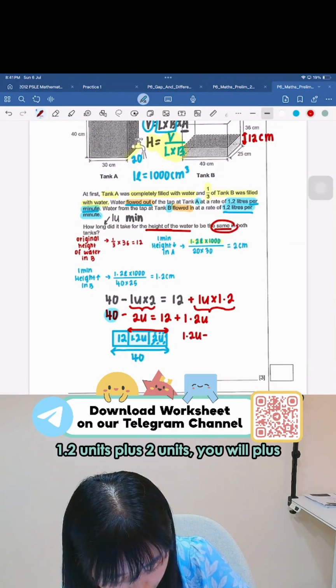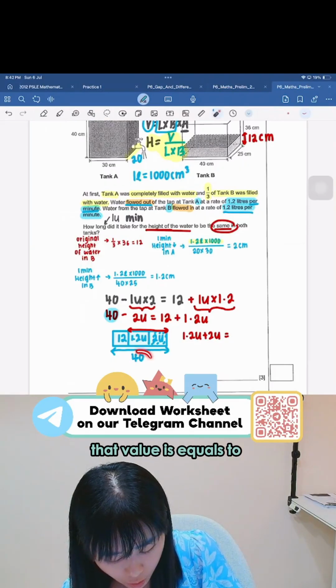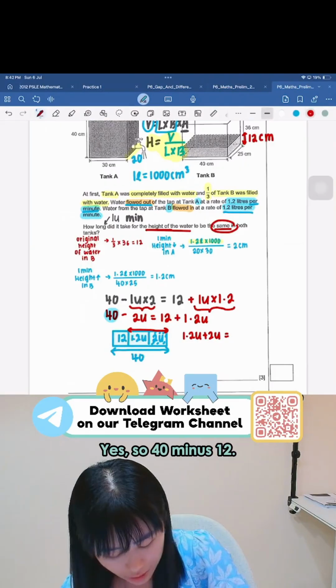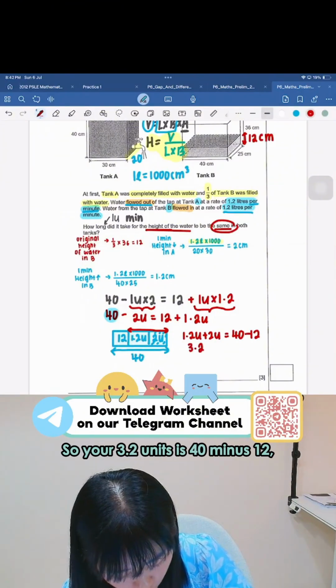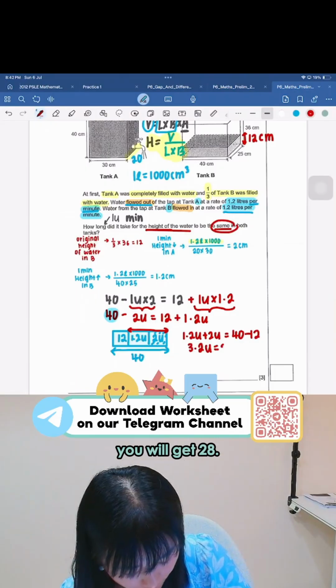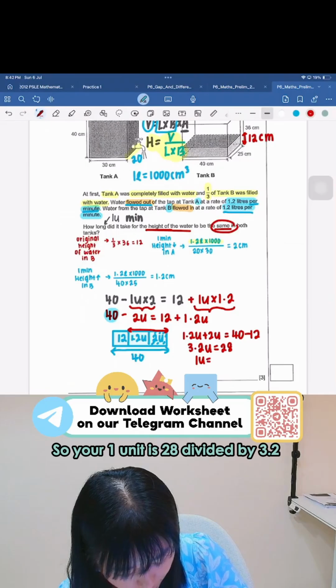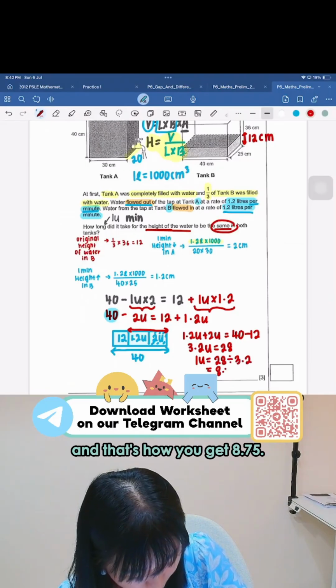1.2 units plus 2 units, you will plus. And once you plus already, that value is equal to 40 minus the 12. So 40 minus 12. Your 3.2 units is 40 minus 12, you'll get 28. So your 1 unit is 28 divided by 3.2. And that's how you'll get 8.75.